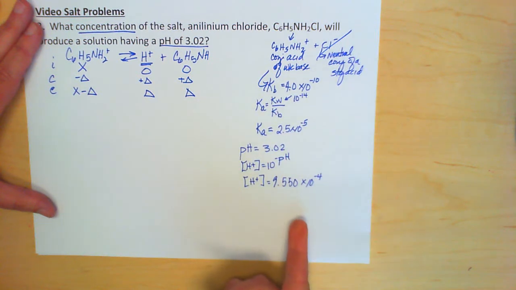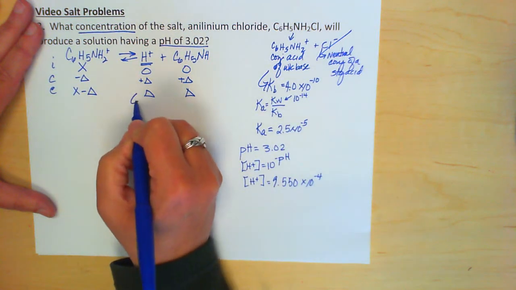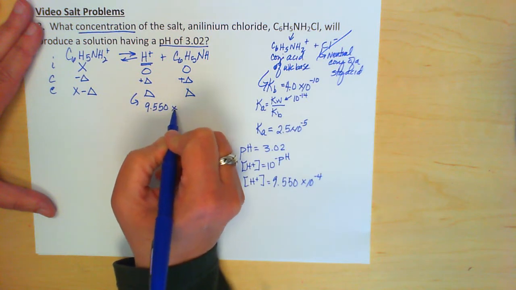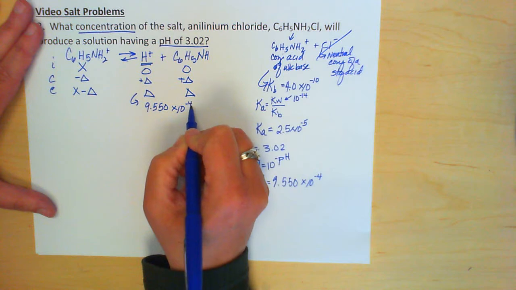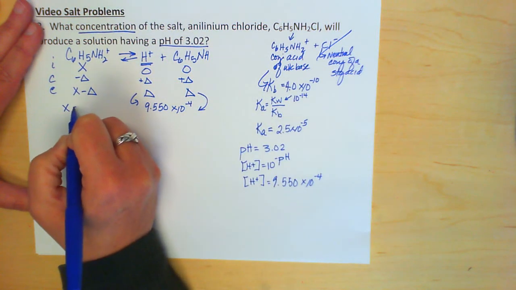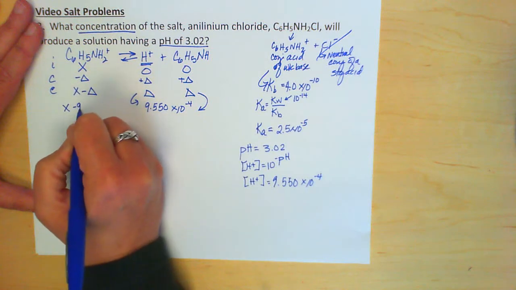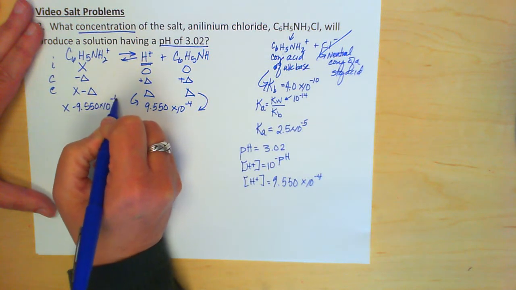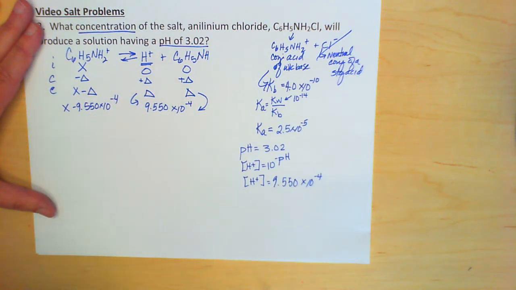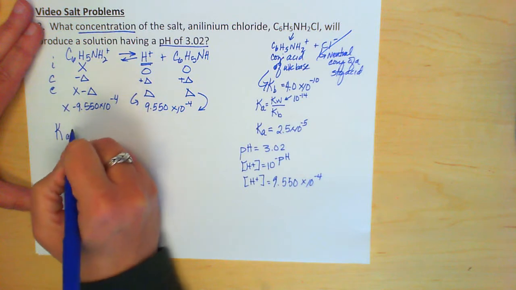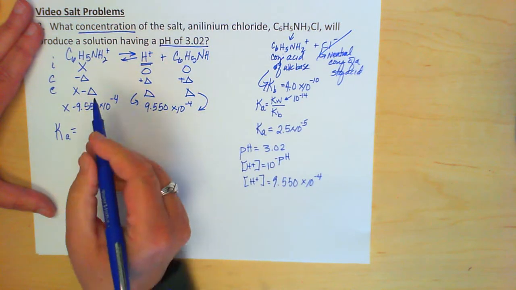Now, if we look at this, we can say, oh, well, this is 9.550 times 10 to the negative 4th, and this is too. So this value comes out equal to X minus 9.550 times 10 to the minus 4th. So now let's just do our Ka, and remember it's Ka because we're dealing with an acid.